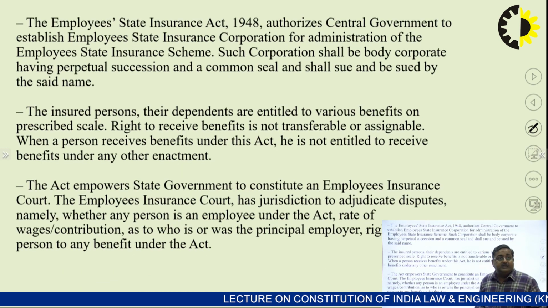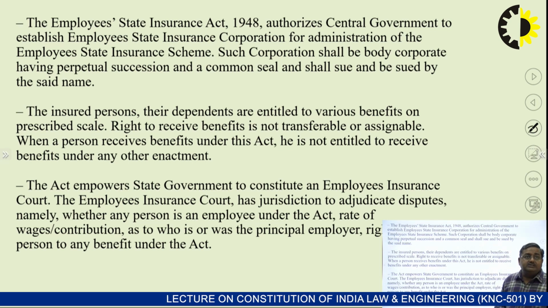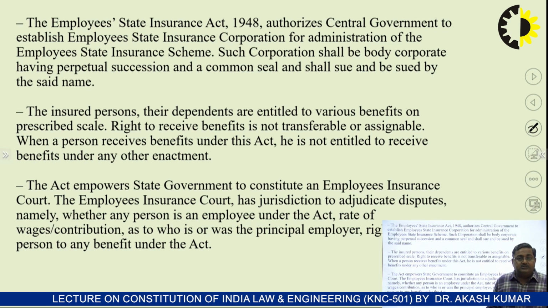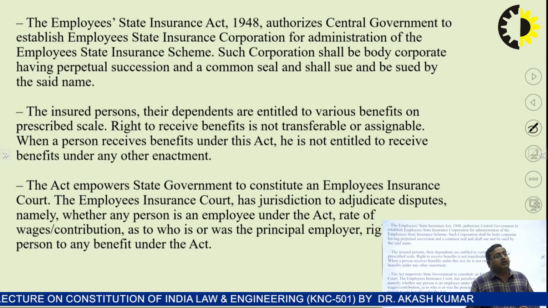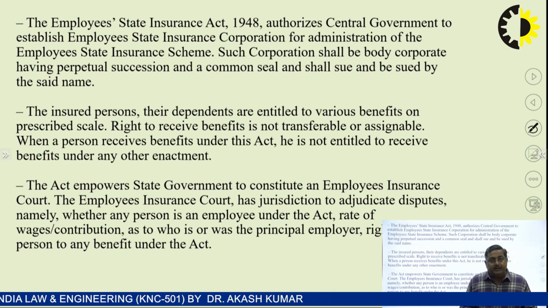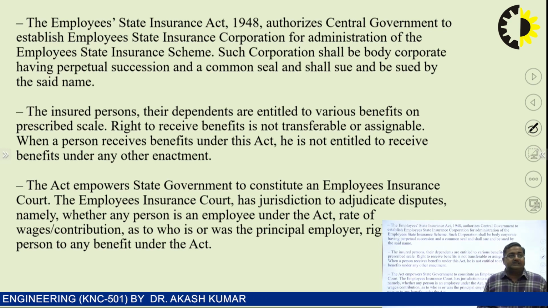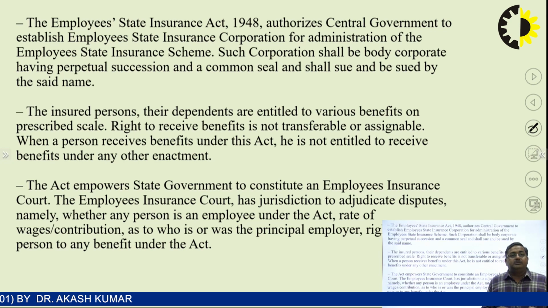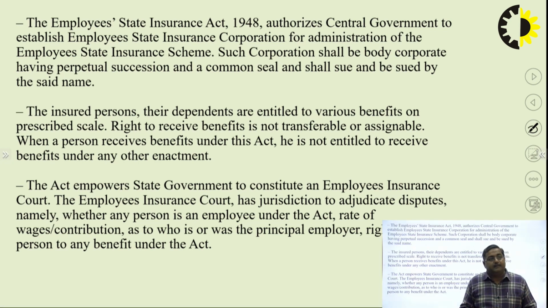The Employees State Insurance Act 1948 authorizes the central government to establish the Employees State Insurance Corporation for administration of the employees state insurance schemes. Such corporation shall be a body corporate having perpetual succession and a common seal and shall sue and be sued by the said name.